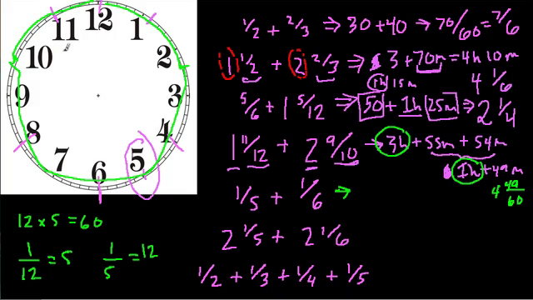And all I'm showing you there is that it took 5 jumps of 12 to reach an hour. And that just means that a fifth of an hour is 12 minutes. So we have 12 minutes, that's 1/5, plus 1/6, which is 10 minutes. This gives me 22 minutes. 22 out of 60. I'm going to reduce that. We get 11 out of 30. And that might help us, who knows.